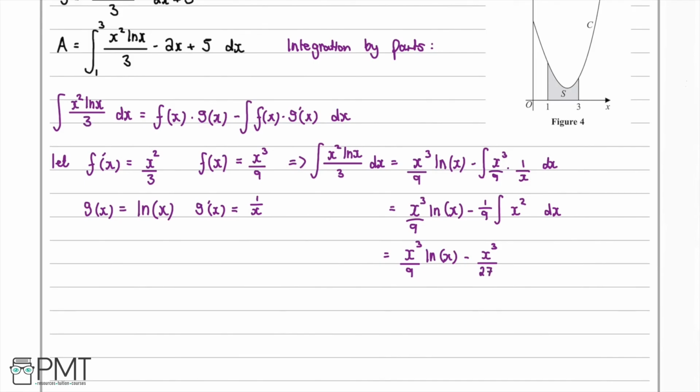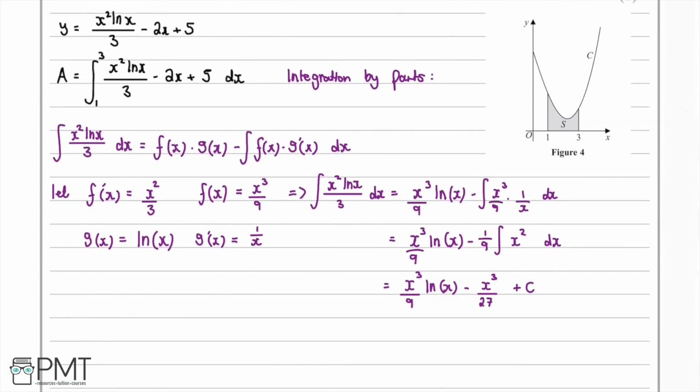And then just for completeness, we'll add c because we've integrated without a constant. So as you can see, I've now worked out what the integral of x squared ln x over 3 with respect to x is. So this means I can come back to this equation up here and now integrate negative 2x and 5, and then that will mean we've worked out the area.